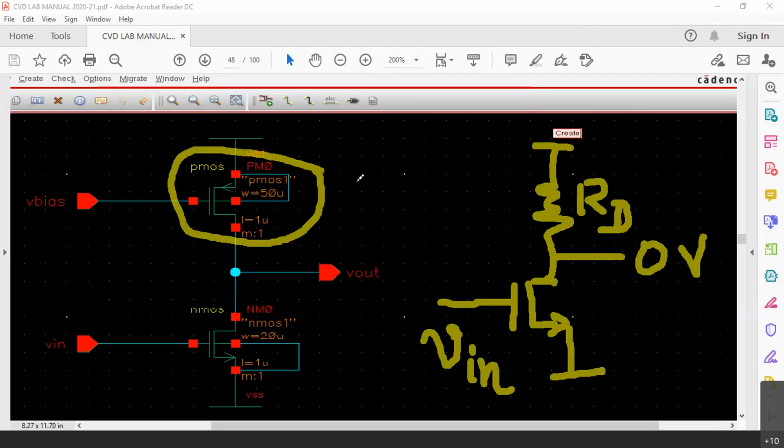How can a PMOS work like a resistor? Any answer? How can this PMOSFET work like a resistor?